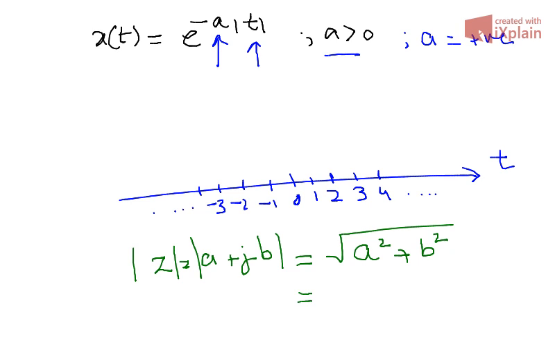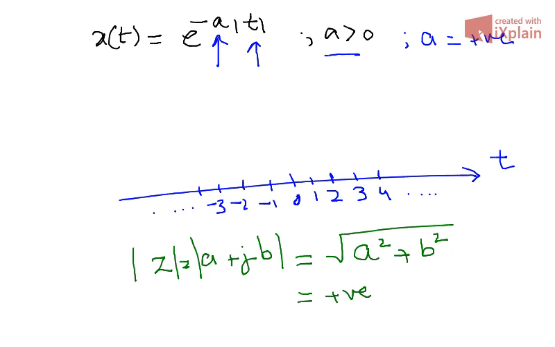You will always get some positive value here, because the square of a and the square of b would be positive, and the square root of a positive number would be positive. This is how we get the absolute value of t.